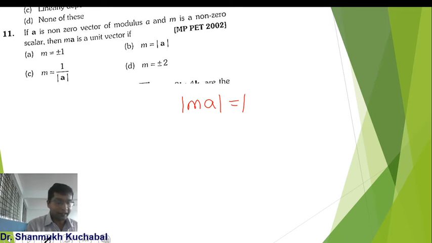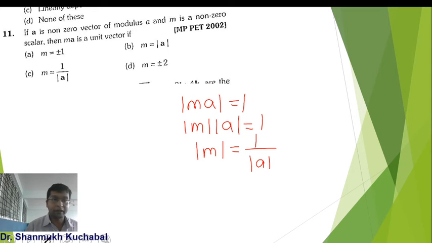So we can write it as mod M into mod A equal to 1. So magnitude of M equal to 1 by A. Therefore clearly option C is the right answer. We write the relation in a mathematical formula and simplify to get the answer. You can take a screenshot. C is the right answer.